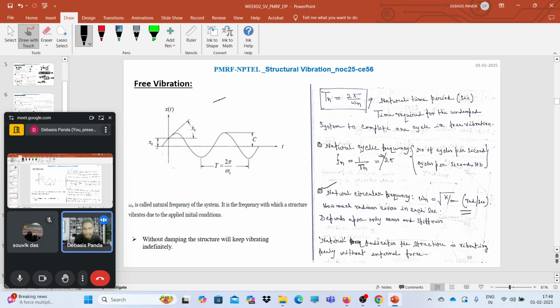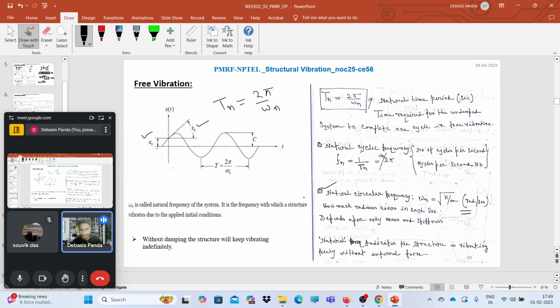So what will be the natural time period? The natural time period Tn is defined as nothing but twice pi by omega n. If damping is not present, for this motion we provide some initial displacement and initial velocity, and leave the system to vibrate freely. This system will keep vibrating for an infinite time period.